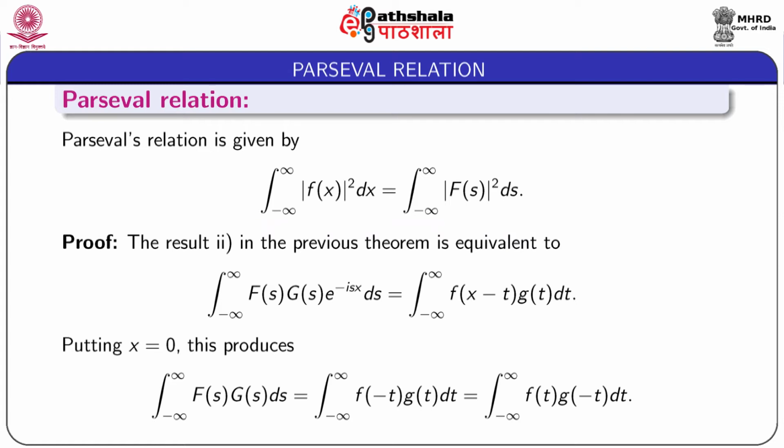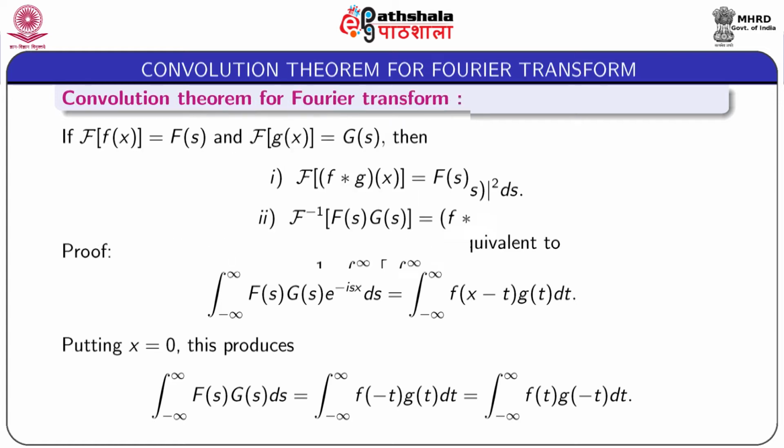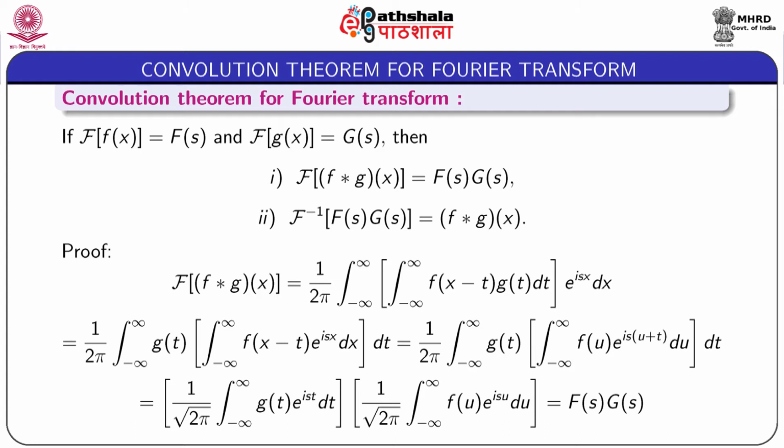Now, for proof, we consider the result 2 in the previous theorem, that is Fourier inverse of capital F into capital G gives back the convolution of small f and g.